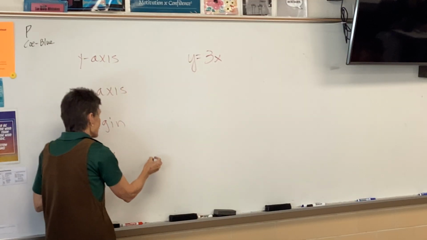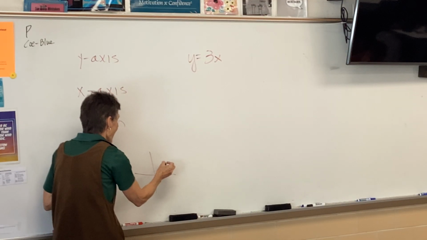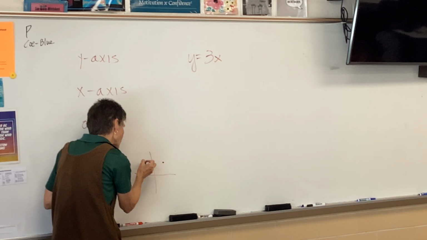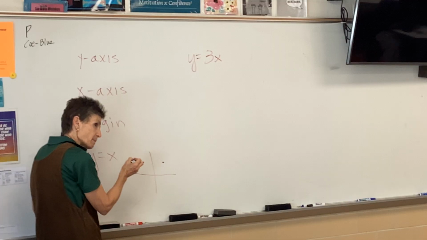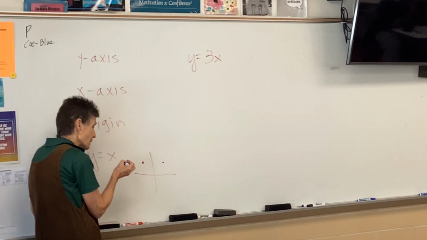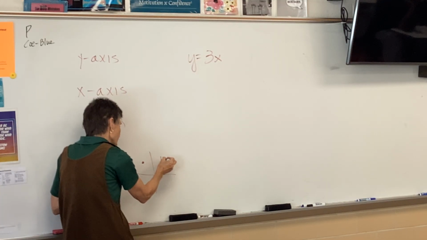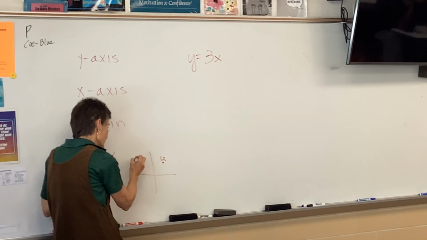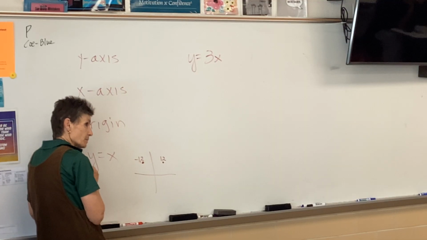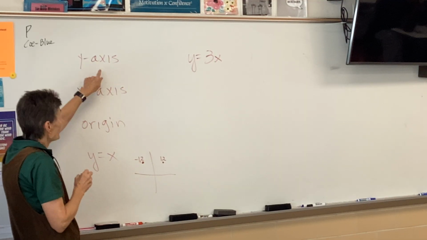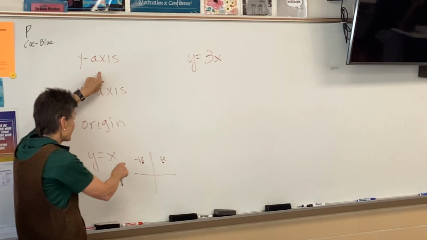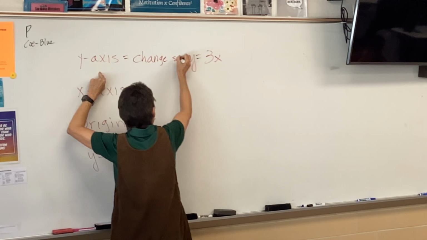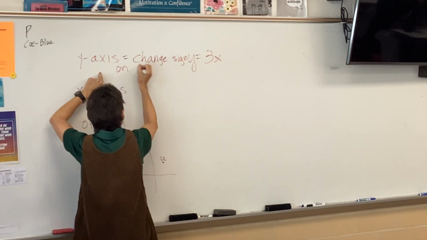If somebody has symmetry to the y-axis, doesn't that mean that point would land over here on this point by symmetry about the y-axis? So if this is the point (1, 2), what would this be? Negative 1, comma 2? So in other words, to test for symmetry about the y-axis, I need to change the sign on x.